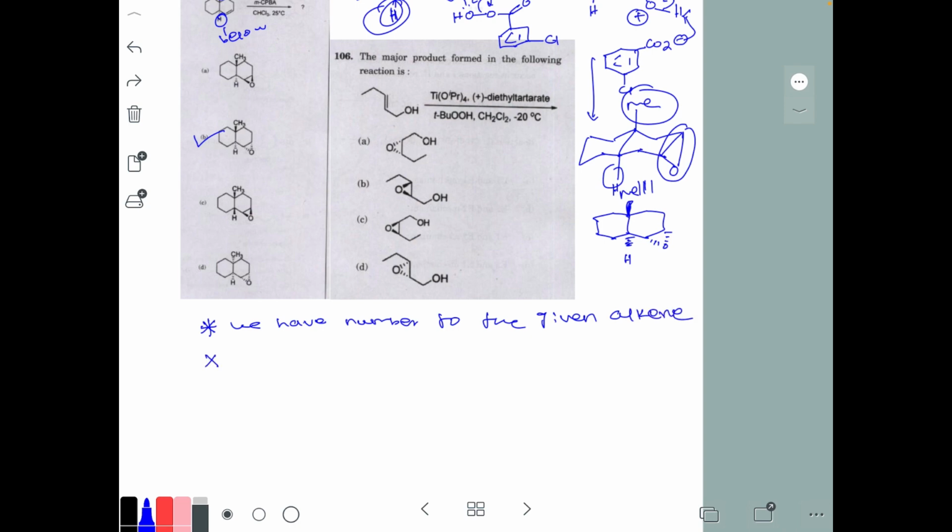The second point is draw the arrow from 1 to 3. If the arrow goes in the clockwise direction, the plus diethyl tartrate allows the oxygen addition from the top face.